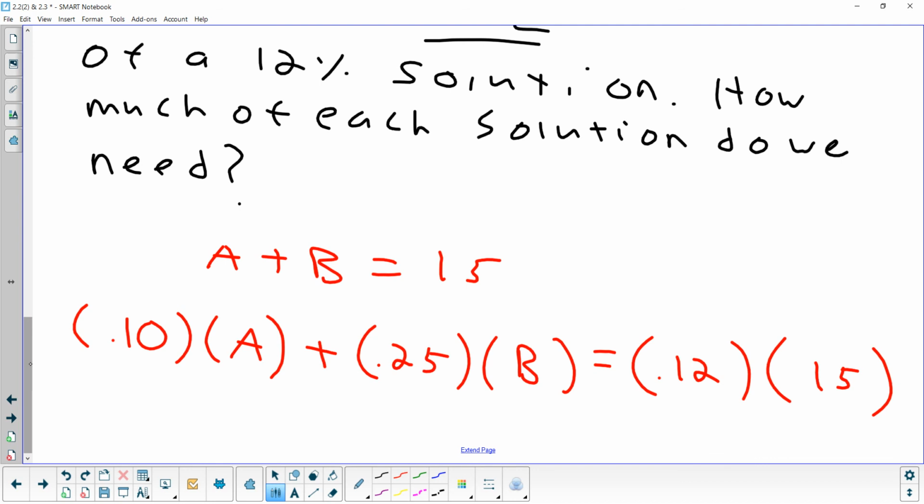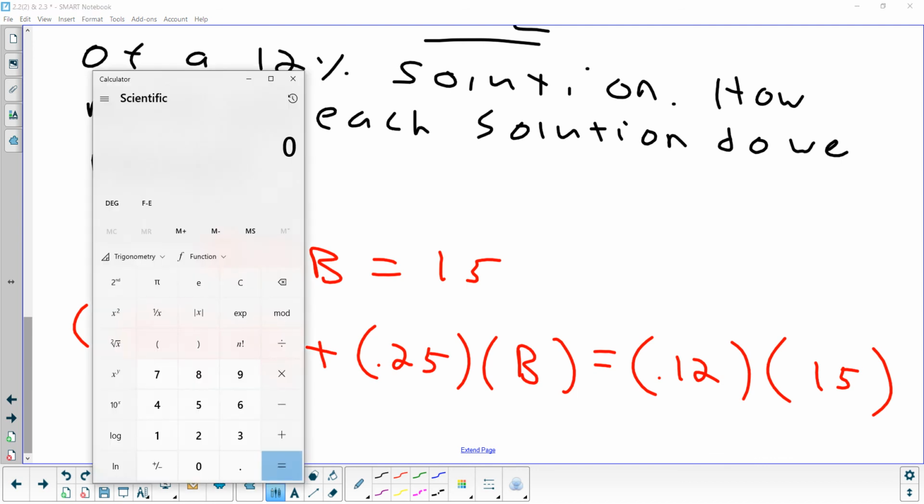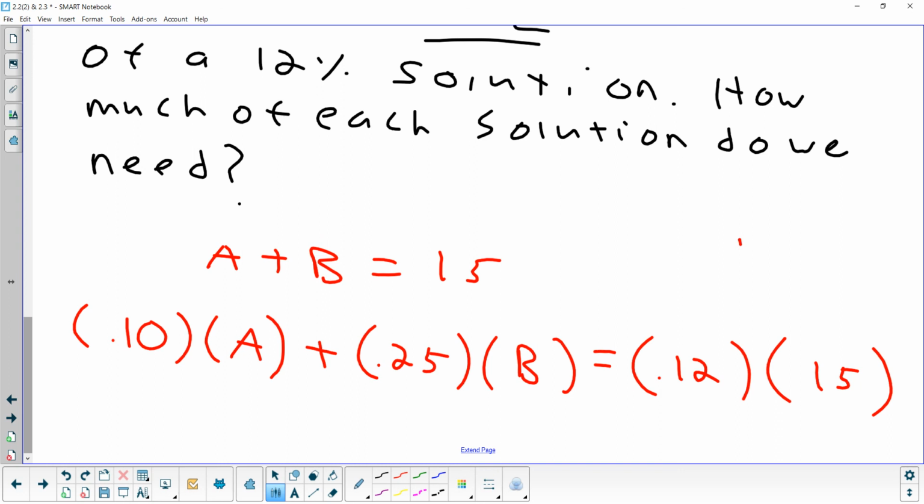Okay, now we need to solve that. One thing we can do, I'm not going to rewrite the whole problem just to write this down, but 0.12 times 15 is 1.8. So the next time I rewrite this right-hand side, I'll put 1.8. Now, anybody know what we're going to have to do to solve this bottom equation? But you're going to have to use the top one to help you somehow.